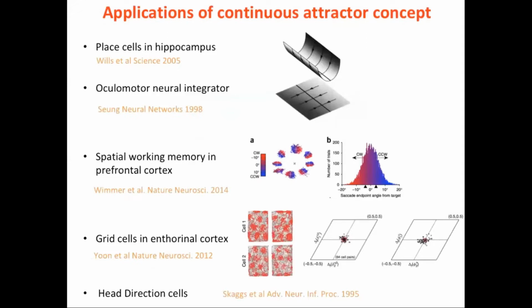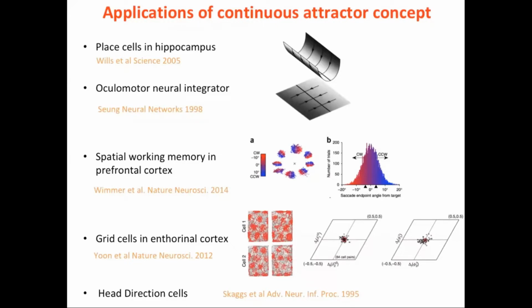Before I do that, let me mention that this concept of continuous attractor is not restricted to place cells in the hippocampus, but was used by many people for many kinds of activities in the brain. First of all, for the oculomotor neural integrator by Seung a long time ago.